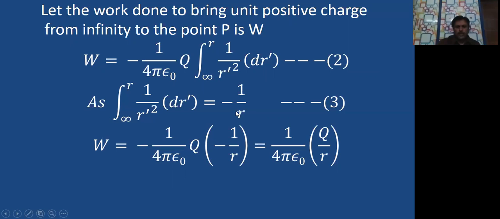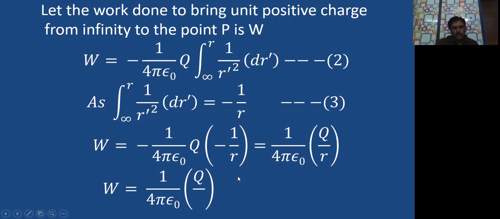This minus 1 by r, if it goes here, minus into minus will become plus. Q into 1 is Q. That means what is the work done value? 1 by 4 pi epsilon 0 Q by R. Okay. So the work done is equal to 1 by 4 pi epsilon 0 Q by R, the final value of the work done in moving the charge from infinity to the point P.